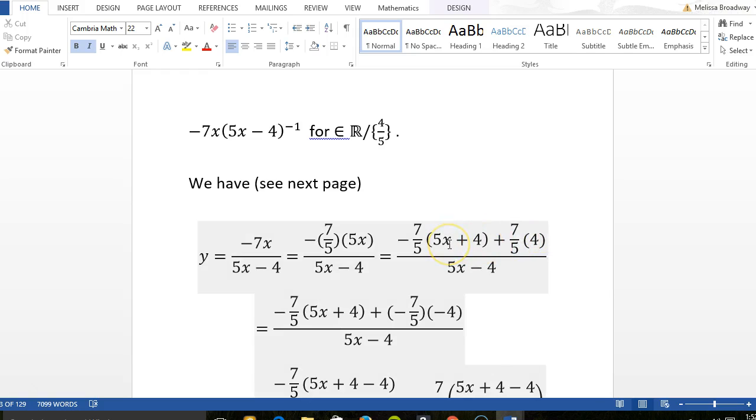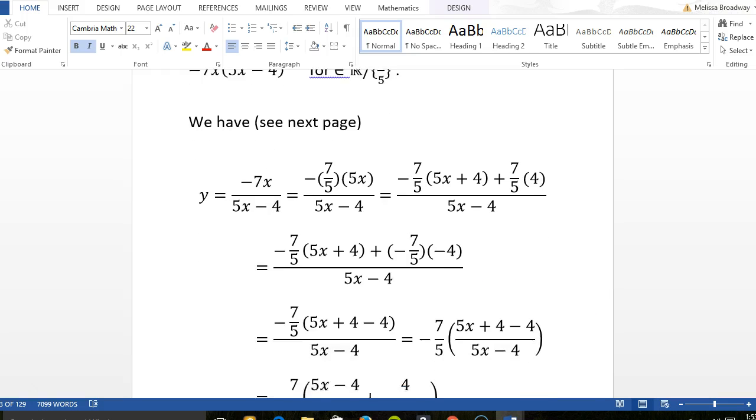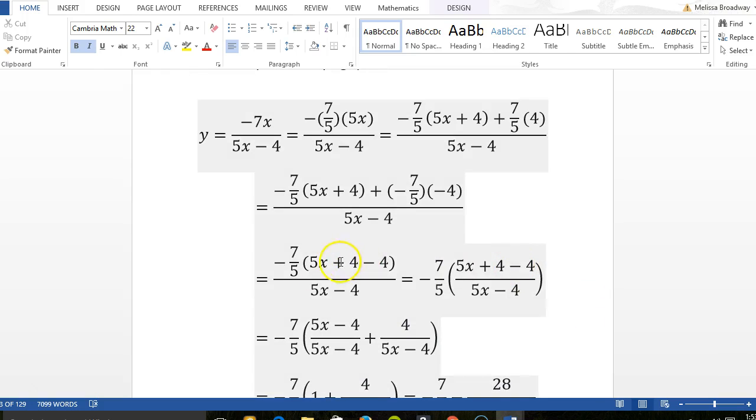The purpose of this term is to counteract this term. What am I going for here, though? So I have negative 7/5 times 5x plus 4, and then plus negative 7/5 times negative 4. So what's my motive? Both of these guys are now negative 7/5, so I can bring them together, with negative 7/5 distributed across the 5x, the plus 4, and the minus 4.